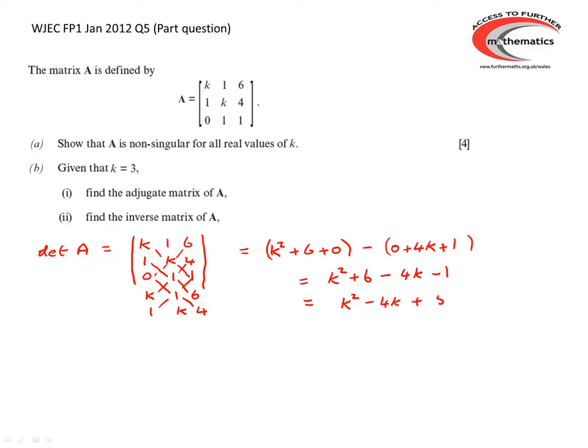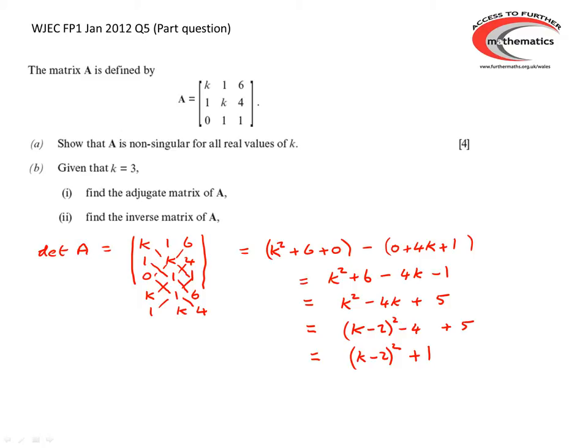plus 5. If you write that in completed square format, we have k minus 2 squared, take away 4, add 5, so that is k minus 2 squared, add 1.